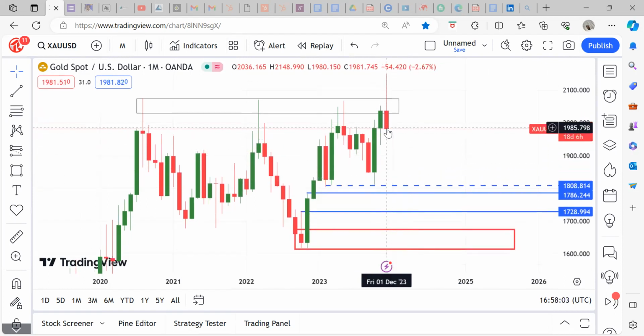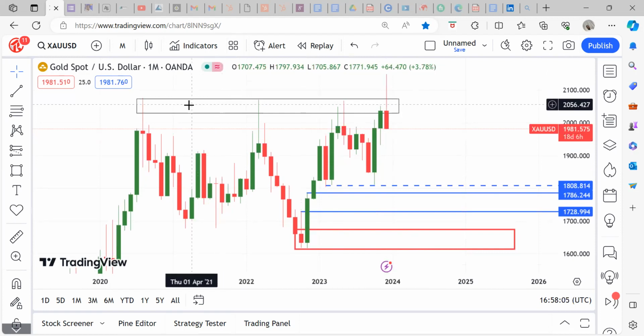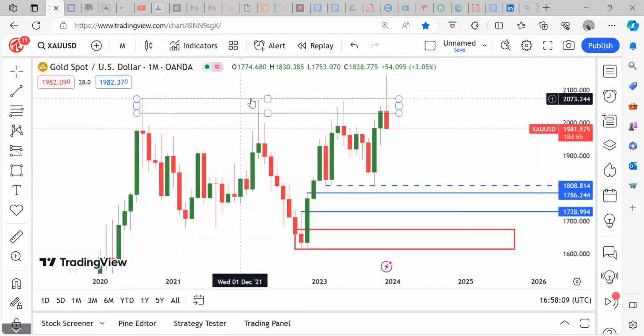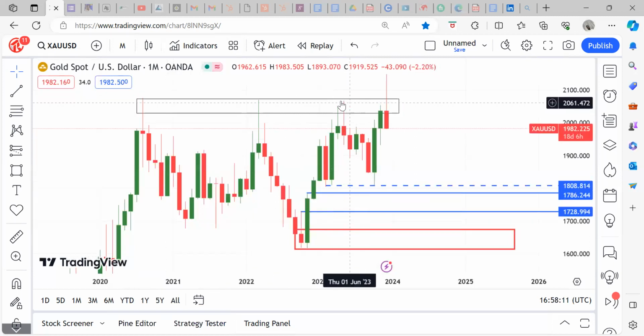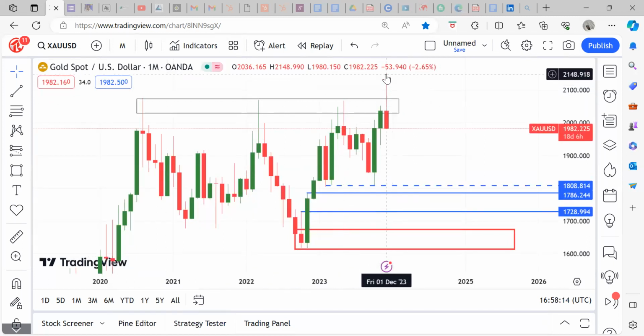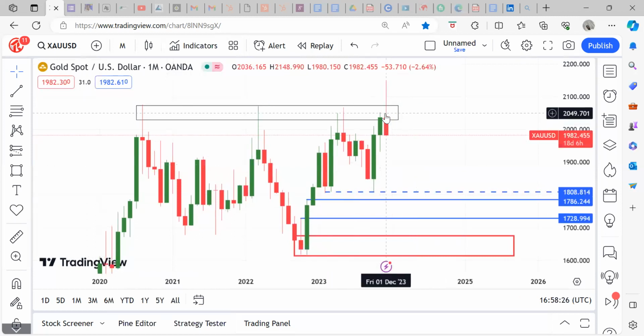And it even broke this all-time high, which was about $2,000 per ounce. It broke this $2,000 level and went to about $2,100. It was trading at about $2,142 per ounce, or $2,150 per ounce. That was a massive rally.